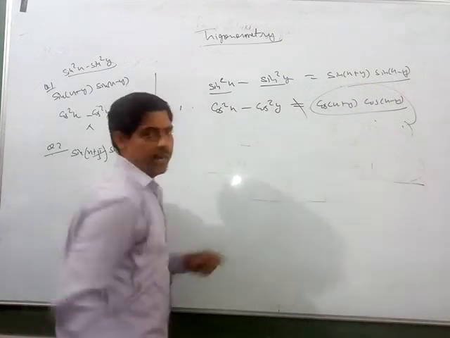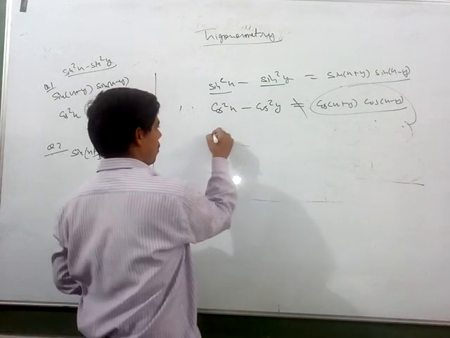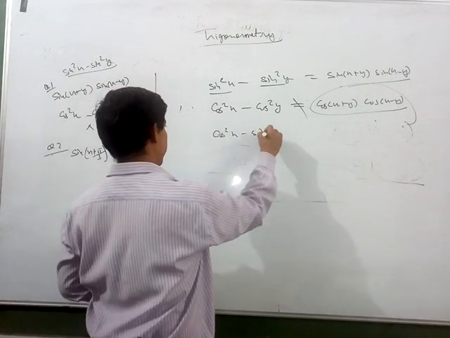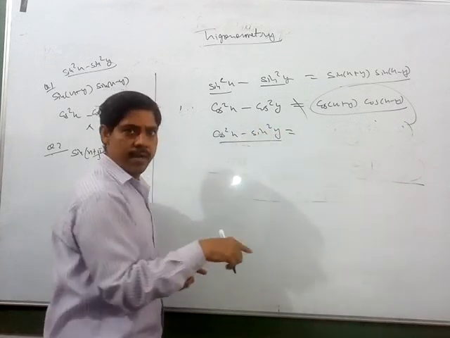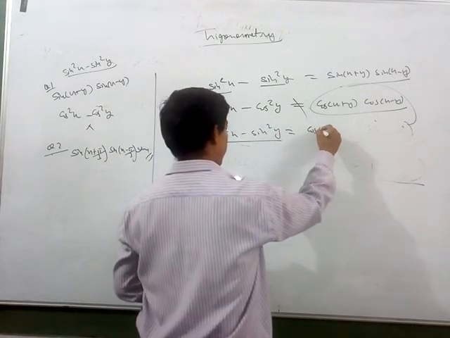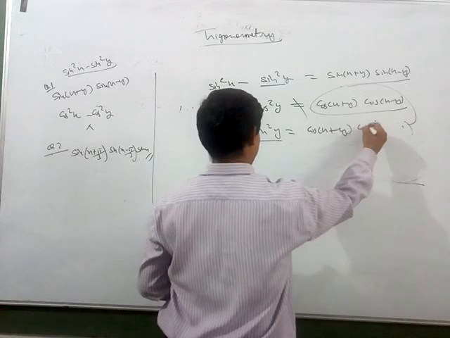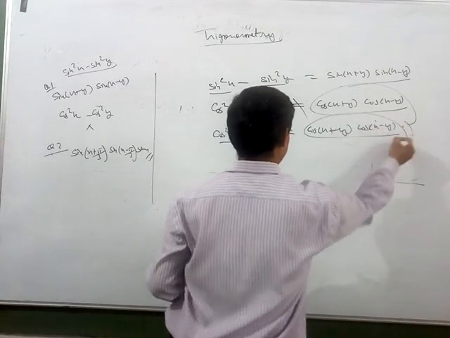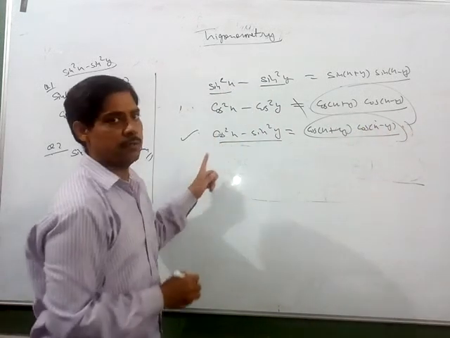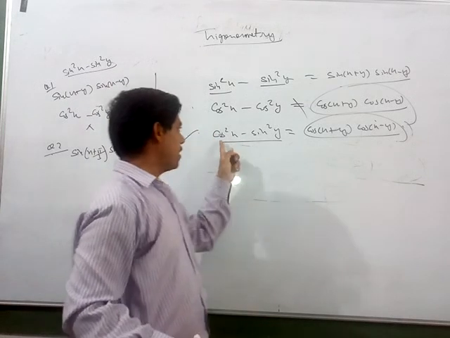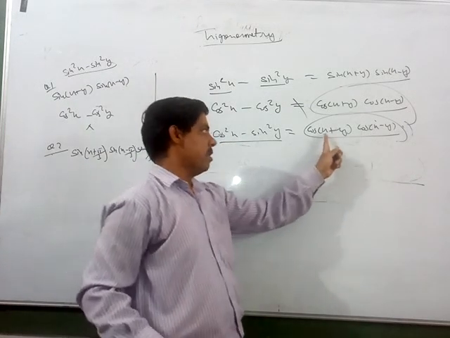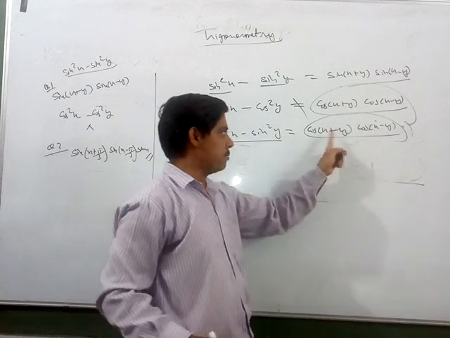In fact, the RHS is equal to cos square x minus sin square y. This is definitely equal to cos(x plus y) cos(x minus y). This is one of the extra questions you can try. Try to prove this identity: cos square x minus sin square y is equal to cos(x plus y) cos(x minus y).